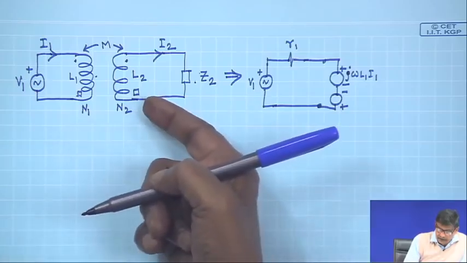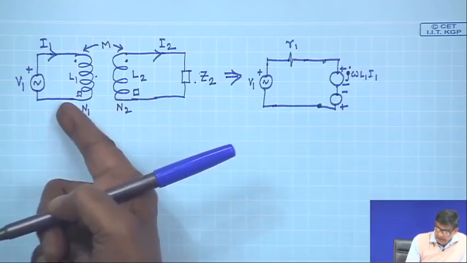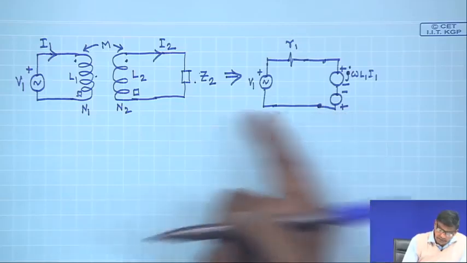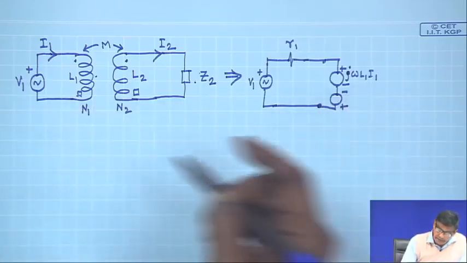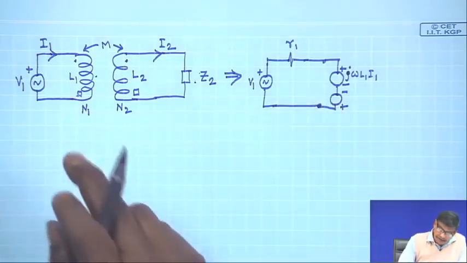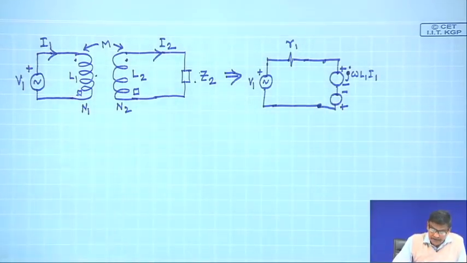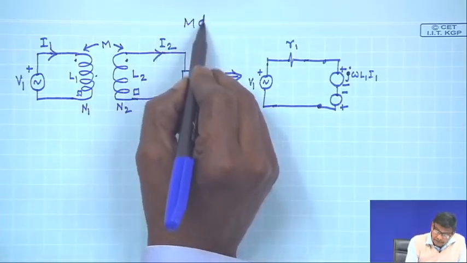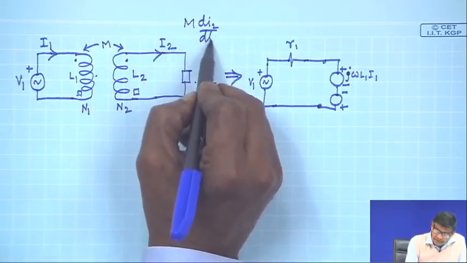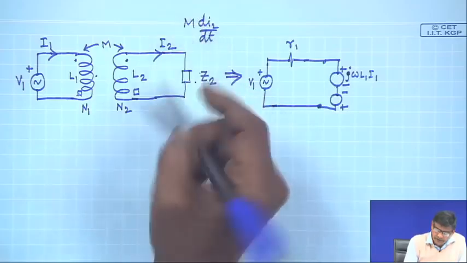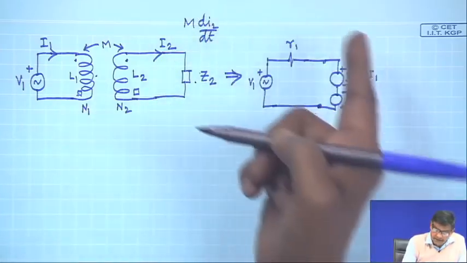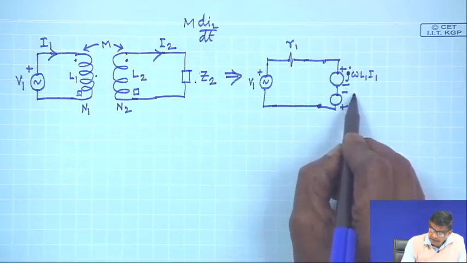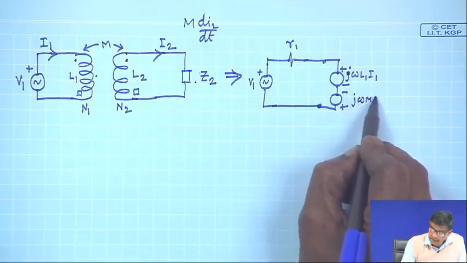So current entering here will have polarity of the induced voltage in the other coil as this plus, this minus, and the value of this in time domain is M dI2/dt, but d/dt if you substitute j omega, and with I2 as a phasor capital I2, this will be j omega M I2.